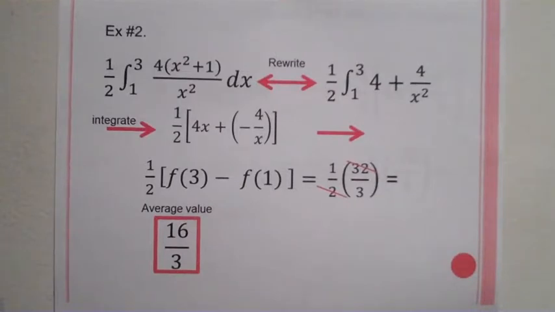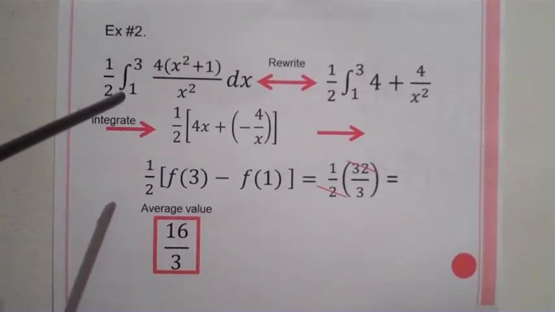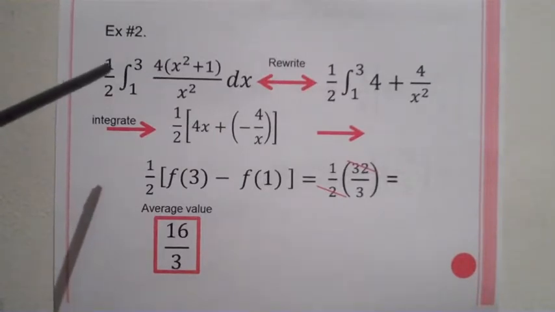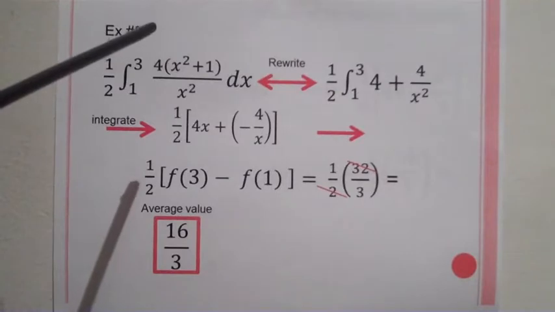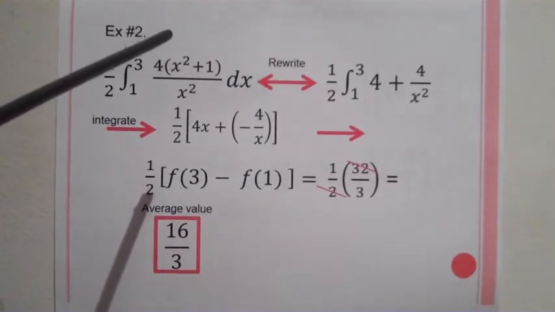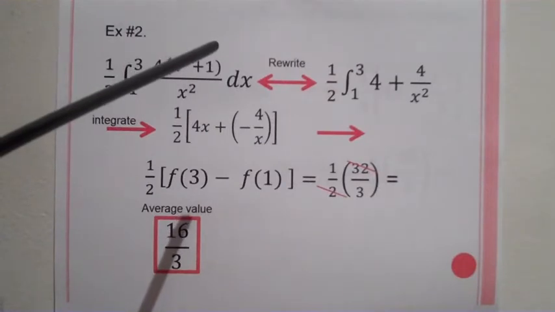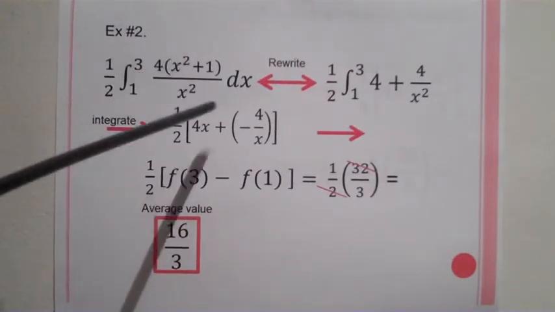For this example, our integral is from 1 to 3, 4 times x squared plus 1 all over x squared dx. To find the average value, we will have to do 1 over b minus a, which is 1 over 3 minus 1, giving us 1/2, times f of x dx, which is this.